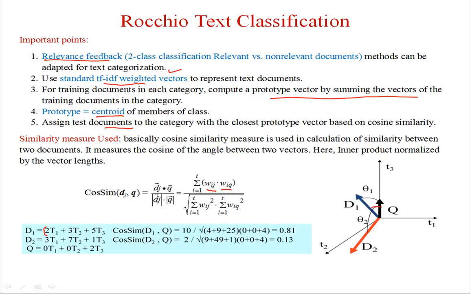So here the numerator is the sum of wij into wiq for i equal to 1 to t, and similarly in the denominator wij whole square into wiq whole square. Actually here it will be w1, w2 and w3, and wi1, wi2, wi3, wq1, wq2.